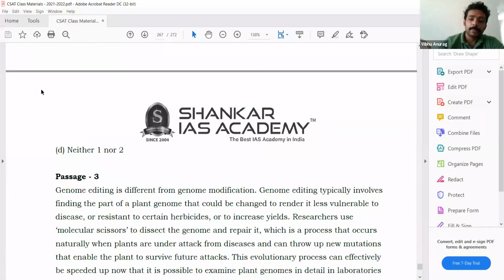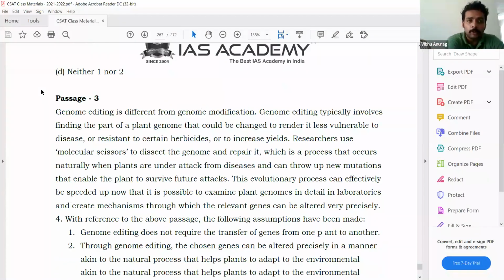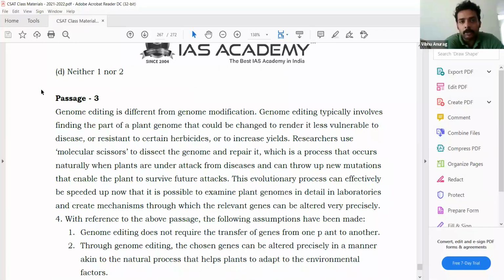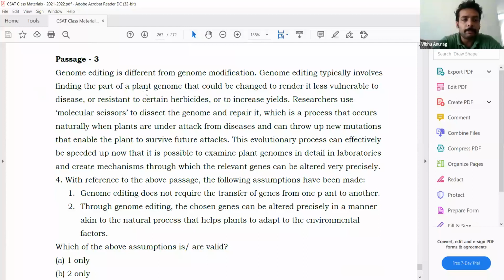Then passage 3 talks about genome editing. So genome editing is different from genome modification. Genome editing typically involves finding the part of a plant genome that could be changed to render it less vulnerable to disease or resistant to certain herbicides or to increase yields.